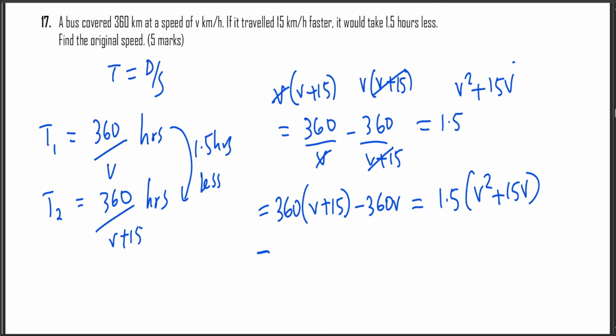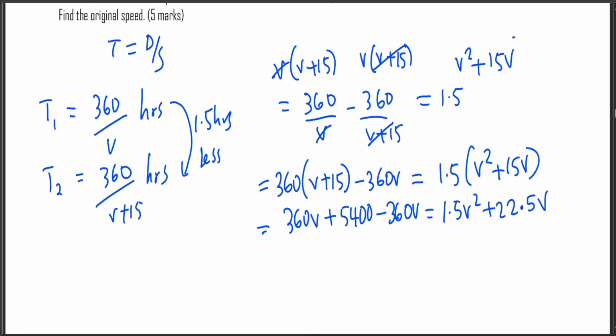Now let's open up. 360 times v gives you 360v. 360 times 15 will give you 5,400, and minus 360v. This one will give you 1.5 v squared, and 15 times 1.5 is 22.5, so 22.5v.